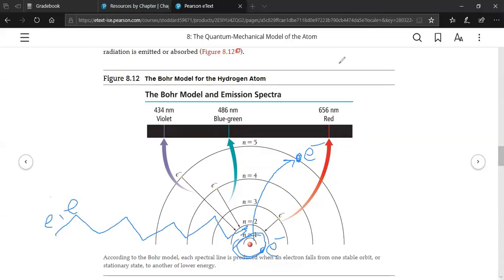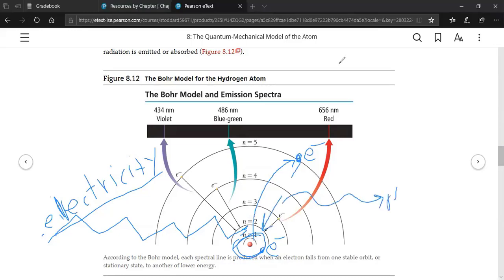At least in a light bulb, in a fluorescent light, electricity is what causes this to bump up. But then when it drops back down to level 2, it emits that purple light.